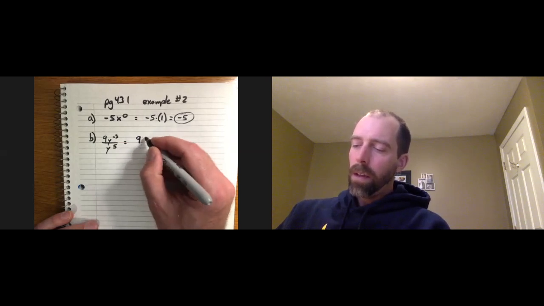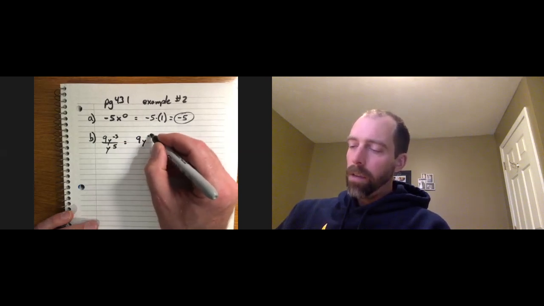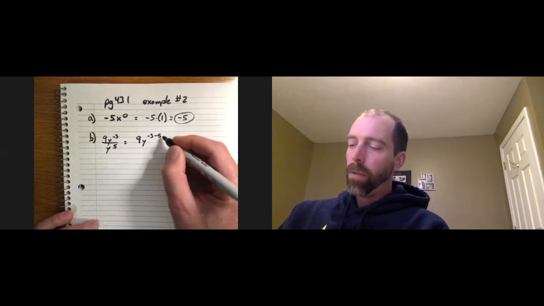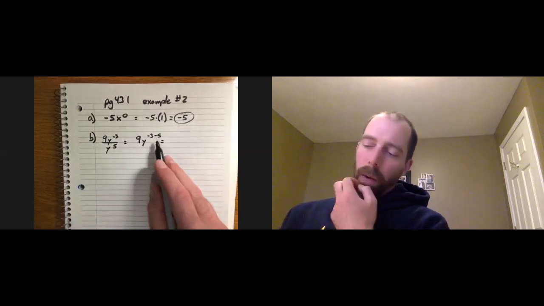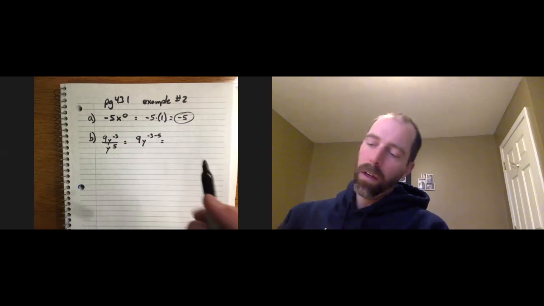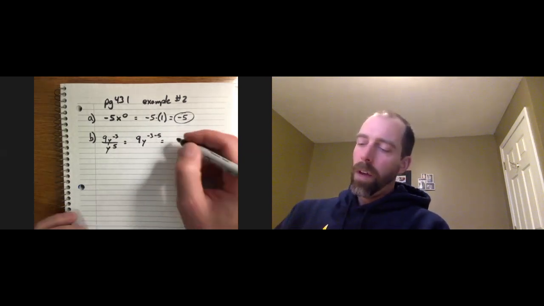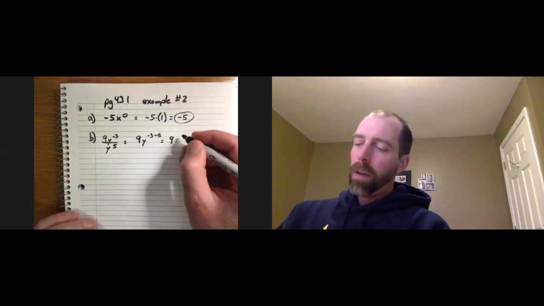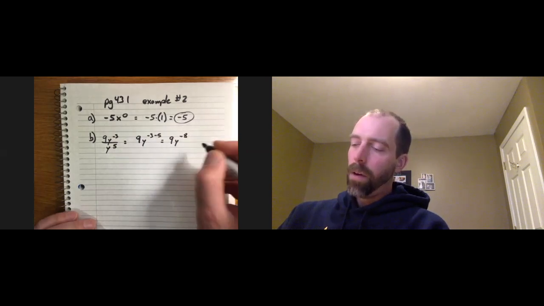And this is going to be 9 times y to the -3 minus 5th power, or -5 power. I write that out just because I want to make that stick out, because you got to be careful with that subtraction. So it's -3 minus 5 is -8. So this is 9 times y to the -8th power.